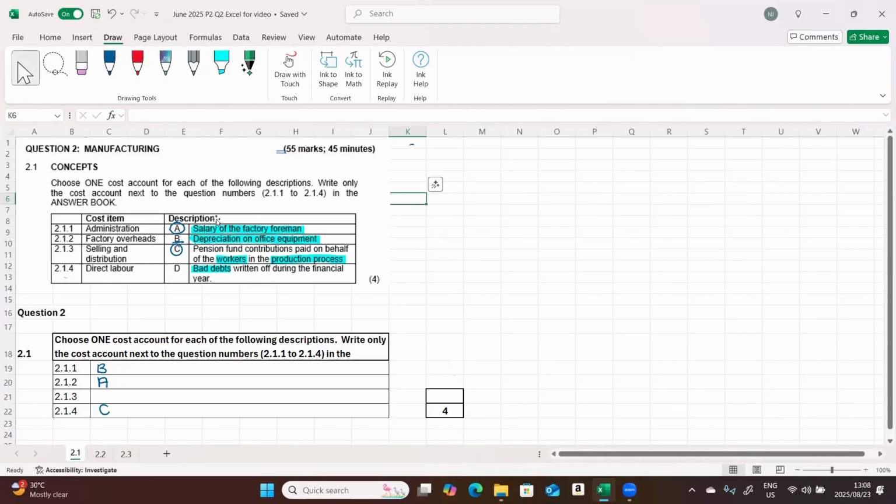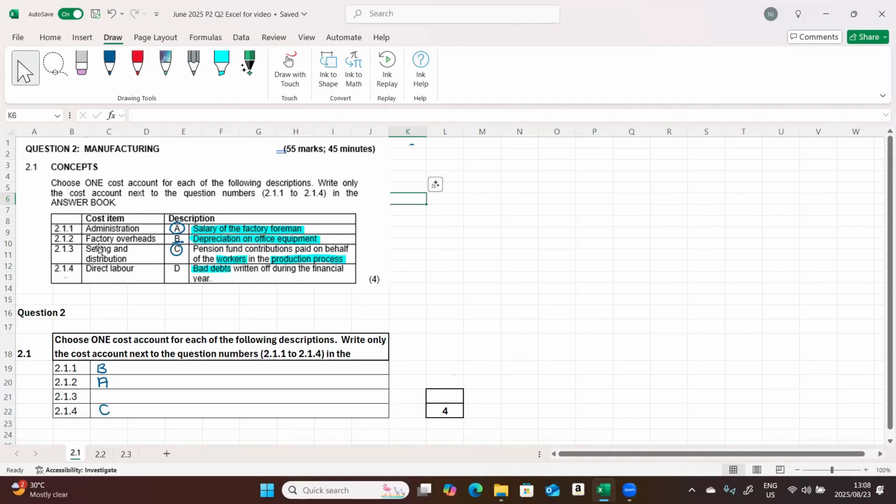But just for you to understand, why are bad debts written off during the financial year under the cost item selling and distribution costs, guys? Because we have to have sold specific products to a customer for their debts to become bad.